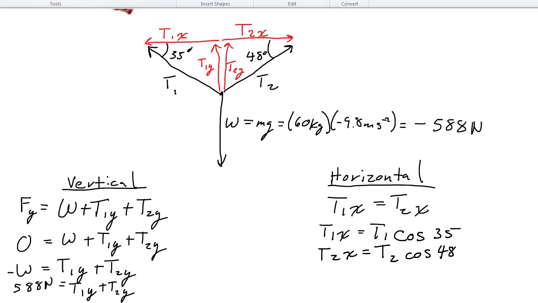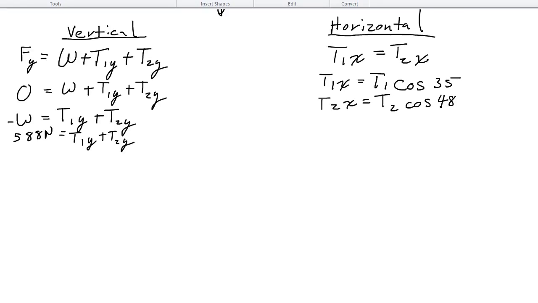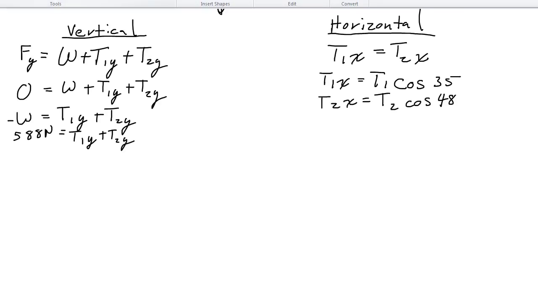Okay, so let me give myself some more room here. Okay, so I substitute both of these into the equation above, and I get T1 cosine 35 is equal to T2 cosine 48.